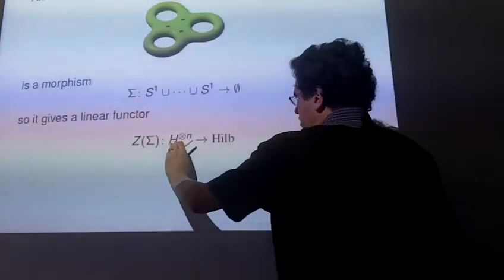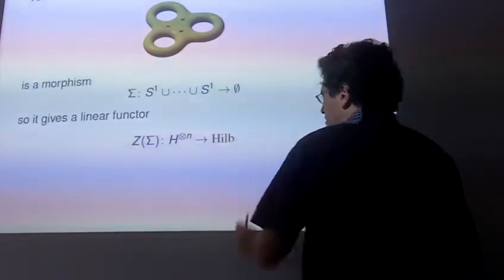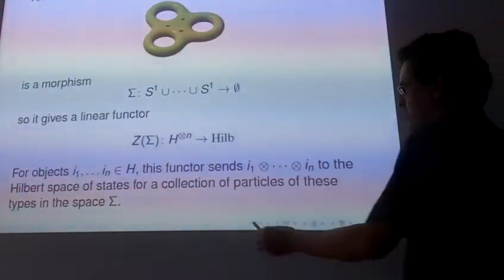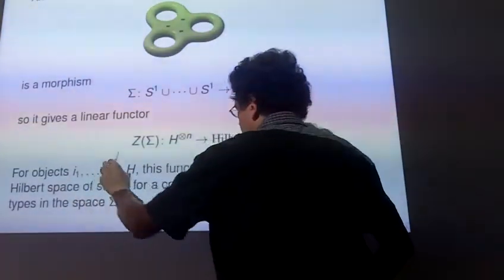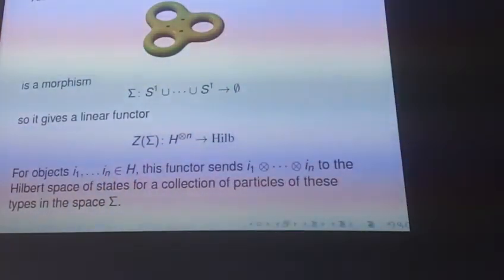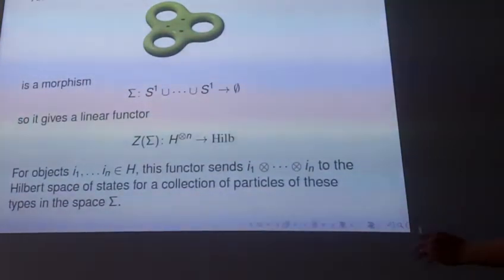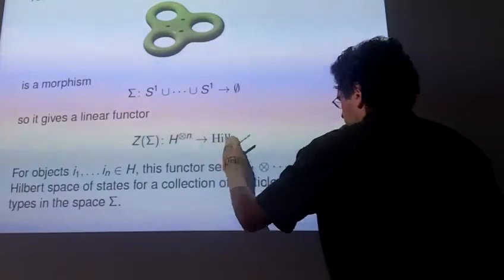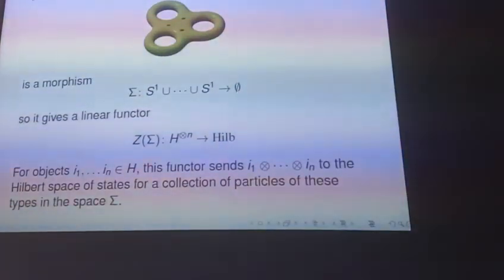So we get a linear functor from H tensor n to Hilb. So what that means is that if I pick some simple objects, say, or indeed any objects, but simple objects, I1 through In in H, it will map their tensor product, which will be an object in here, to a Hilbert space.